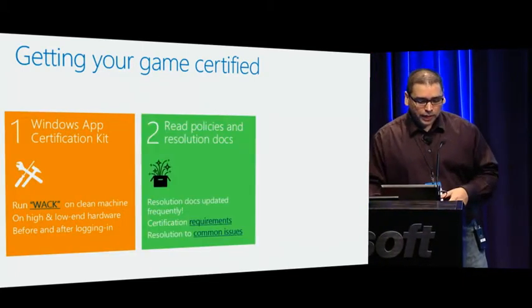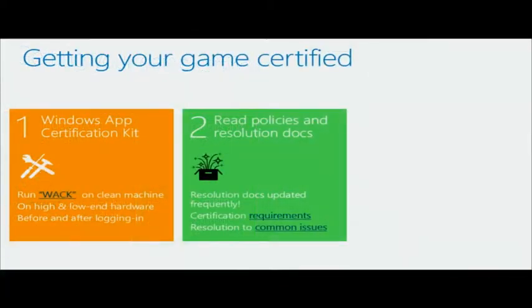It's 3 steps. The first step we call the Windows Application Certification Kit. This is a little tool that we give you. It's a free tool. It comes with the tools that you install when you download Visual Studio Express and everything. It comes with Windows 8. It's a tool that we give you to pre-certify your app. You run it, and it runs a set of tests that tells you, hey, your performance is good. You're using all the right APIs.